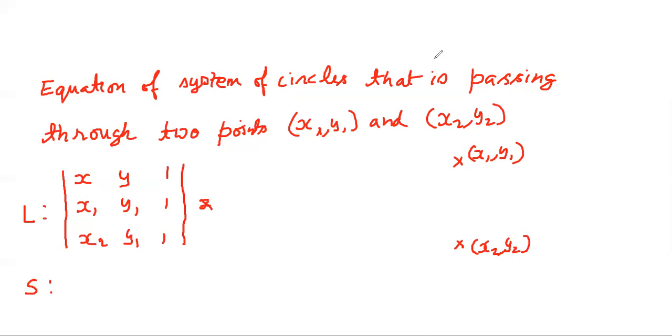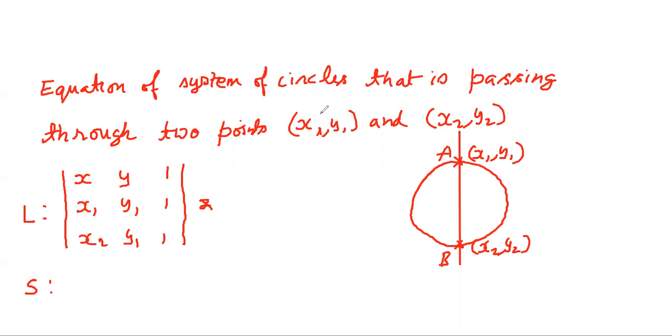What I want to say is, first we draw a line through these points, and these two points A and B can be the diameter of a circle.